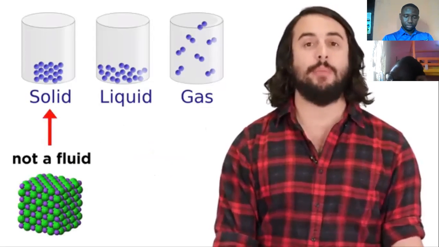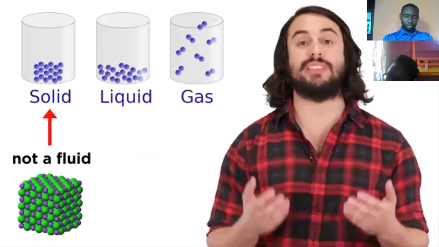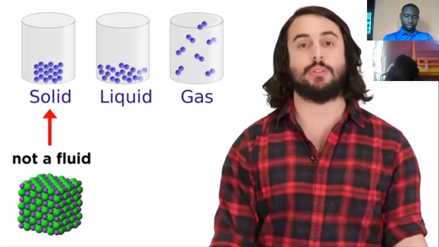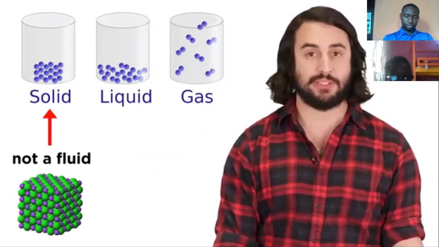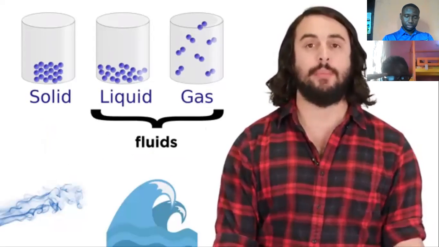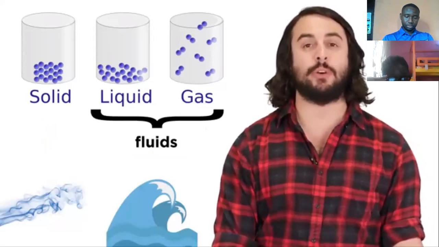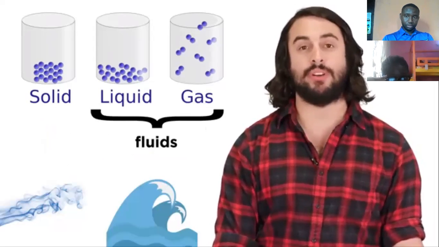In a solid, particles are fixed in a lattice, which produces a definite shape, so solids are not fluids. But liquids and gases are fluids because the particles move freely.